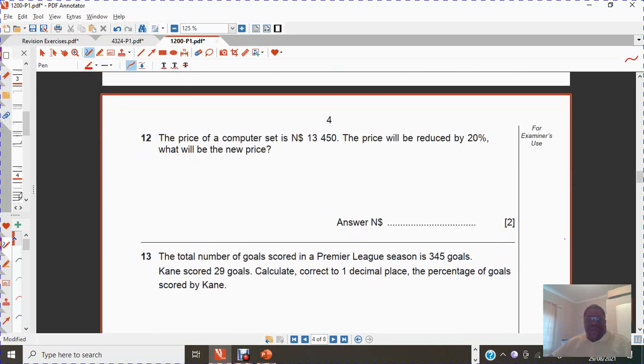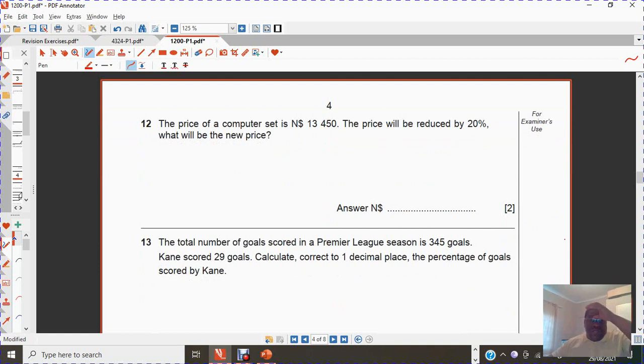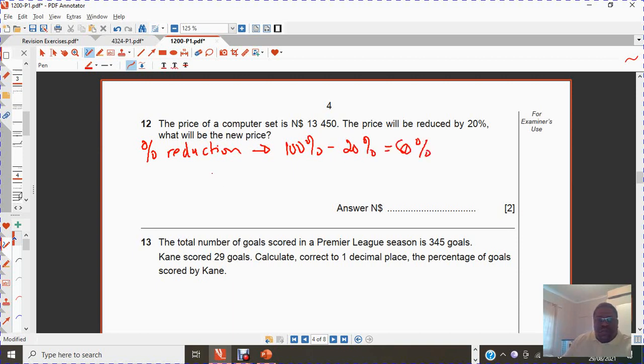Question 12. The price of a computer is set at 13,450. The price will be reduced by 20%. Now there are many ways you can do this, but the percentage remaining is 100% minus 20%, which is 80%. So the new price will be 20% less.